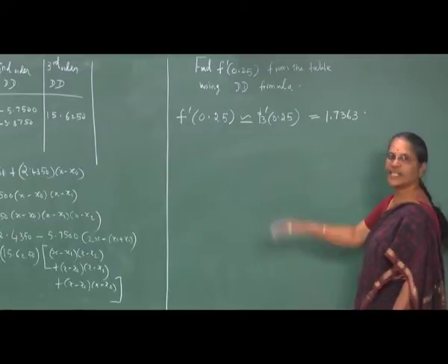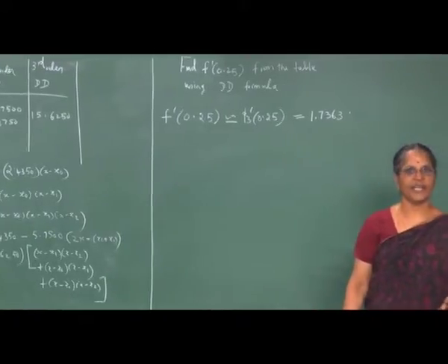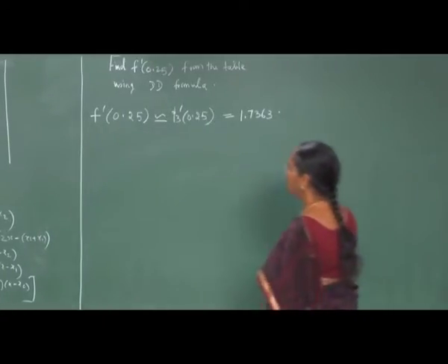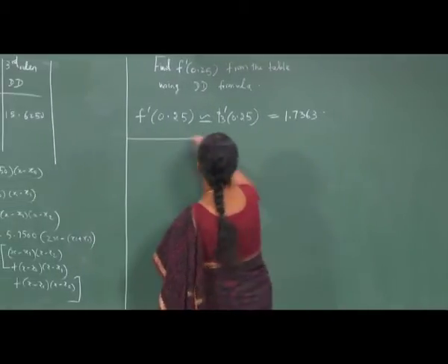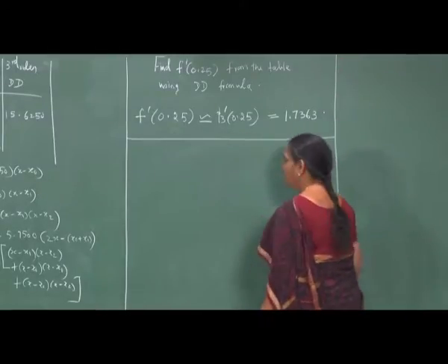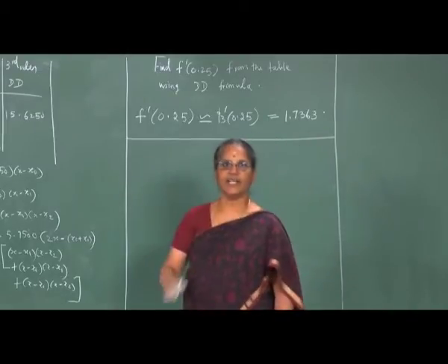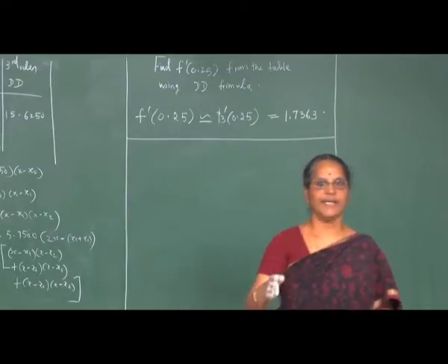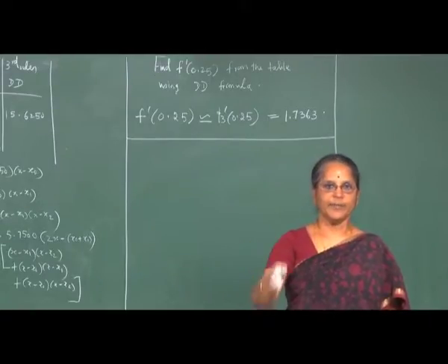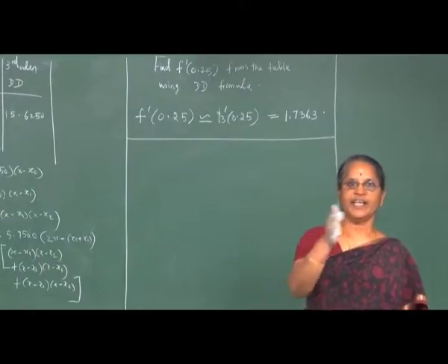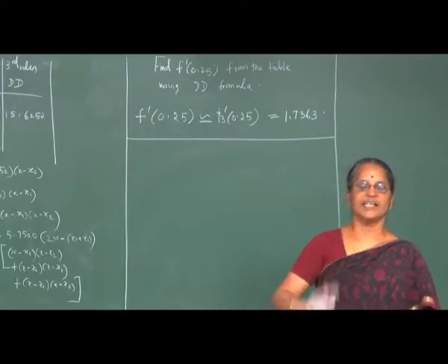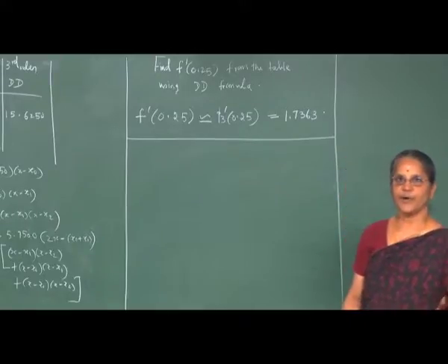So, this illustrates the theorem that we had proved in the previous class. One can therefore use polynomial interpolation to derive numerical differentiation formulas by simply taking the derivative of the interpolating polynomial that approximates the function at a set of discrete points.